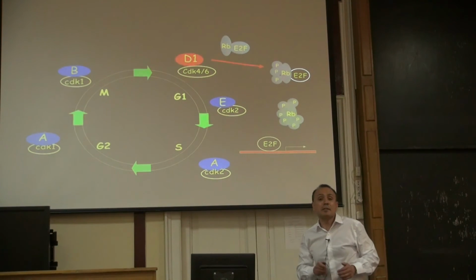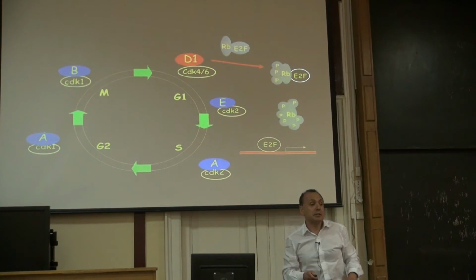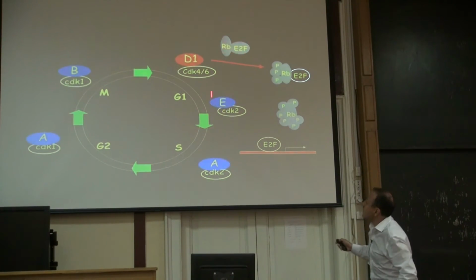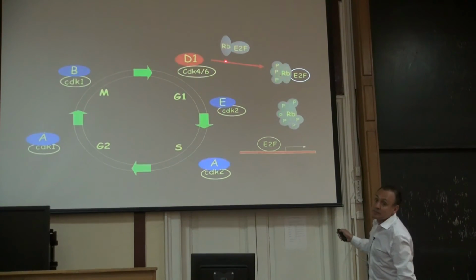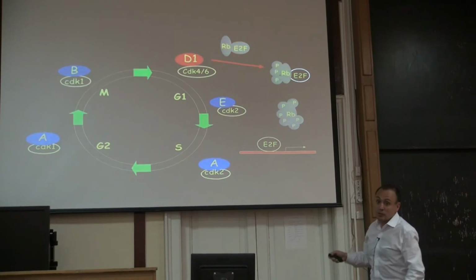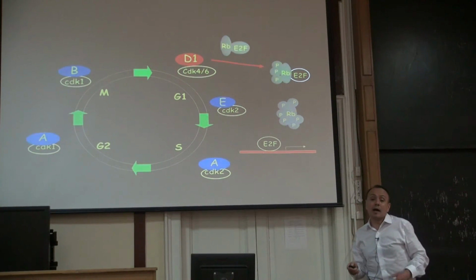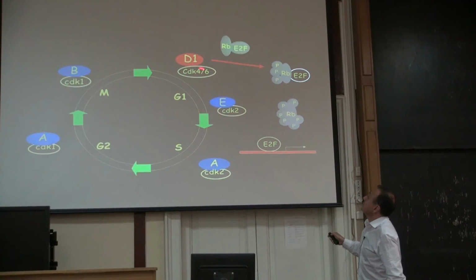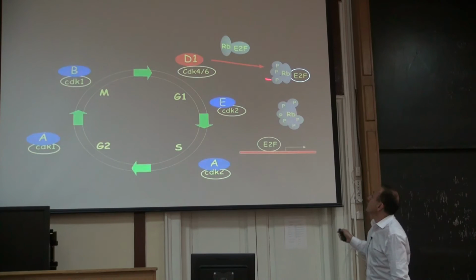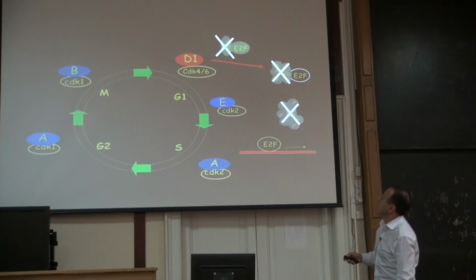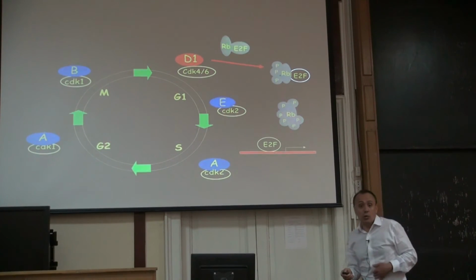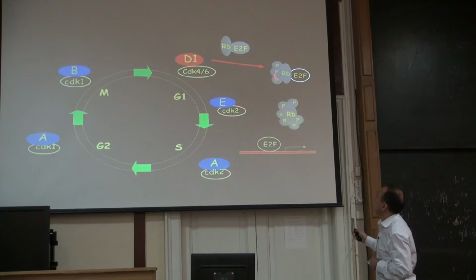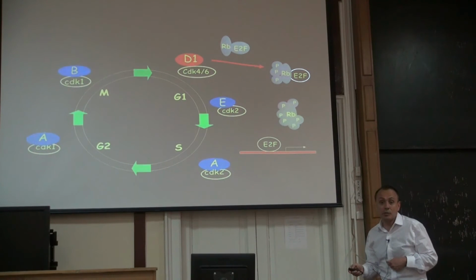To summarize this part, this was kind of surprising and counterintuitive, because I told you that the major function of cyclin D1 is the kinase-dependent function of phosphorylating the retinoblastoma protein. And now I'm saying that in the cancer cells, cyclin D1 performs a CDK-independent, RB-independent function. Now, how do we know that retinoblastoma protein is such an important target for cyclin D1?